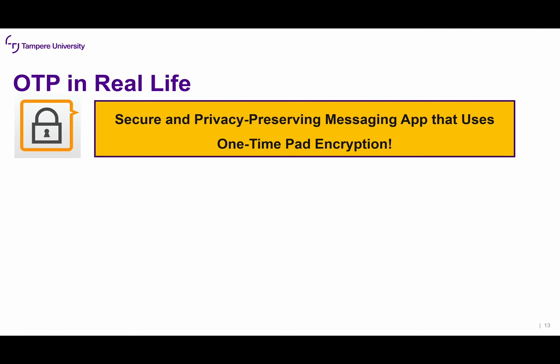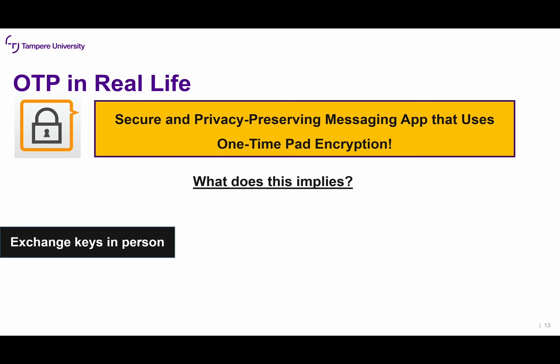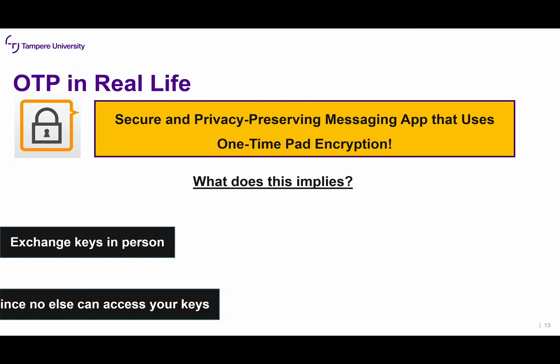At that point, Zendo was the only one, and it is using one-time pad encryption. Now, what does it mean that it uses one-time pad encryption? First of all, that we have to exchange keys in person. In other words, Alice and Bob need to physically meet and somehow tap their phones, for example, and exchange their keys in an almost physical way.